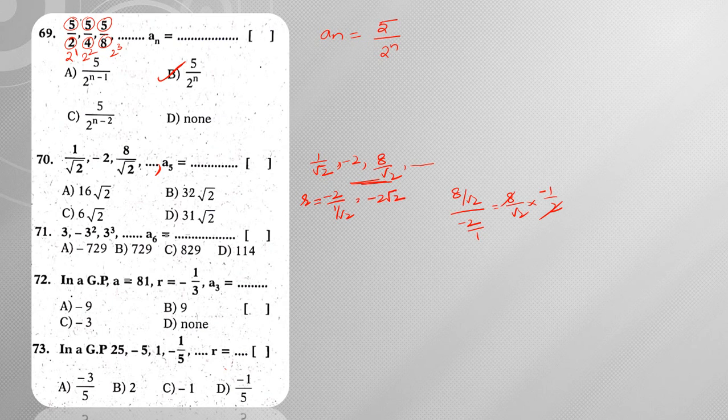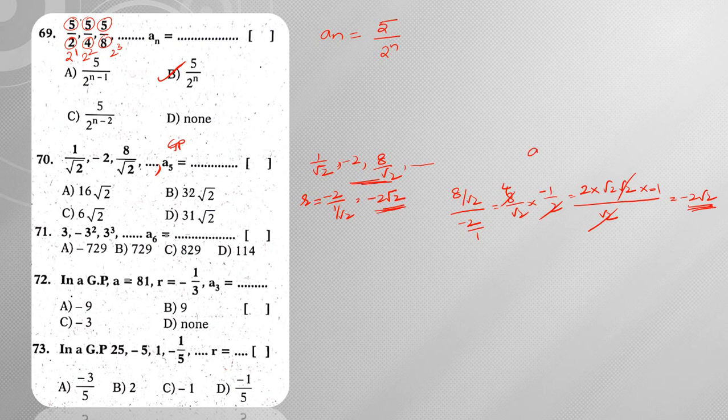If I cancel it out, then this becomes 4 times minus 1 by root 2. Again, 4 I can write as 2 into root 2 into root 2, into minus 1 divided by root 2 in the denominator. So root 2 I can cancel out. Then I am going to have minus 2 root 2. If you observe, both the ratios are the same. Since both ratios are the same, this is in GP, and the common ratio is minus 2 root 2.